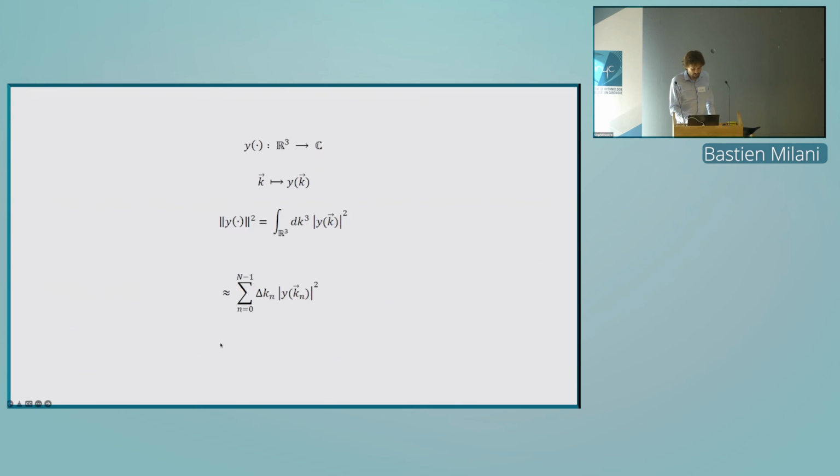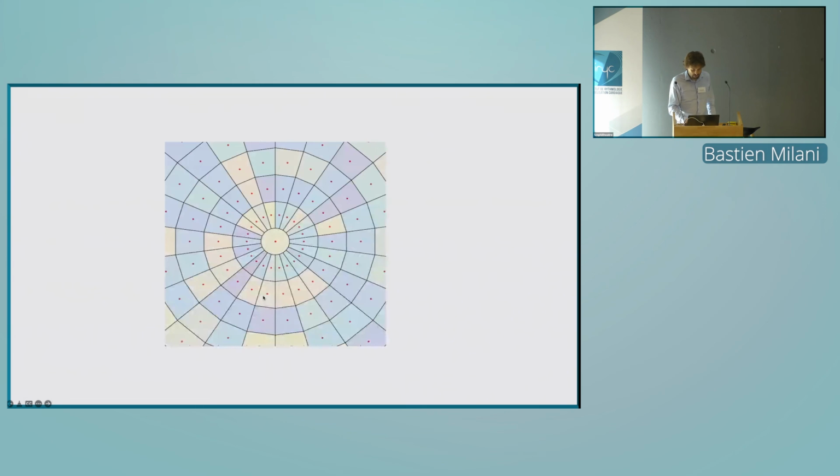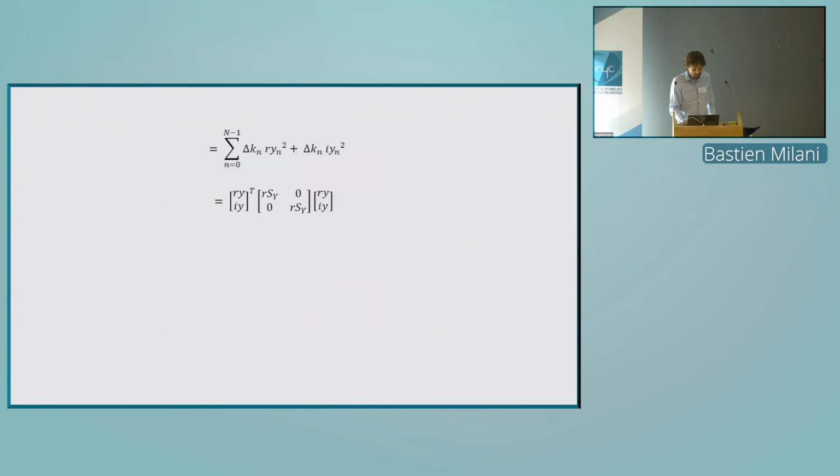You get this discrete sum where the volume elements here are actually the volume around each of the points in your trajectory. So you can then rewrite it like this, and you see that you can rewrite it as a matrix Sy times two real vectors. That's very important. That's the key to understanding the mathematical structure. Where the Ry is just the list of volume elements of your trajectory.